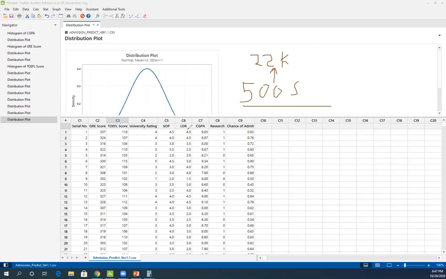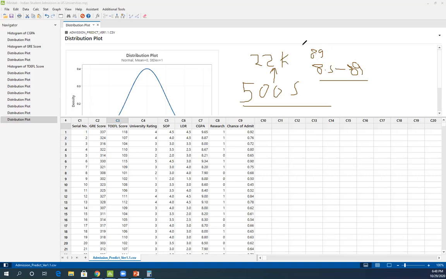The sample mean I can get, but I cannot say exactly that the average CGPA of all the students coming from India would be like 8.9. No, I cannot get the answer exactly, but I can get a range. It would be between 8.5 and 8.9 with 95%. I can find the range.